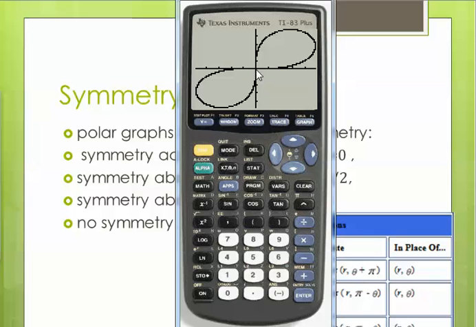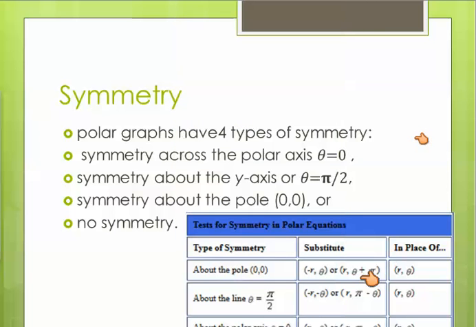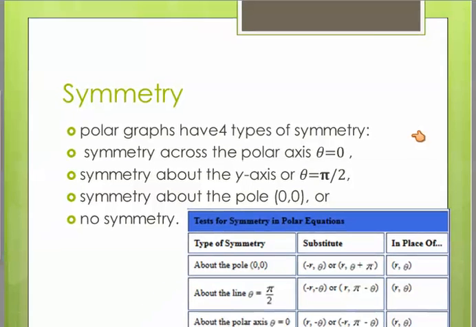And when we're talking about symmetry about the pole, what we're talking about is through the origin right here. Okay? There is a way of doing this one, and what you have to do is, well, I have to move everything down just a little bit here.